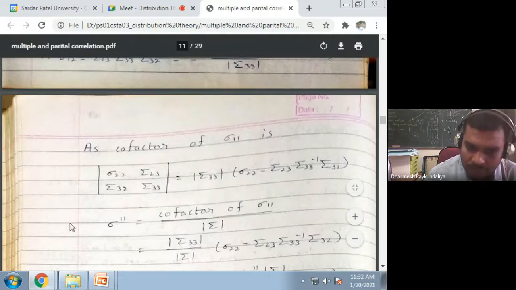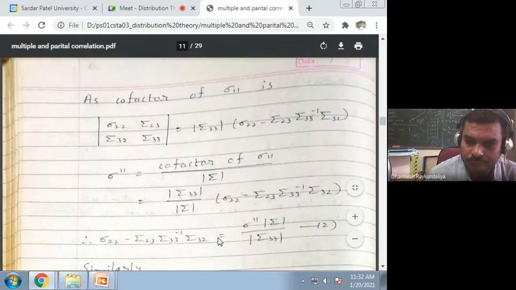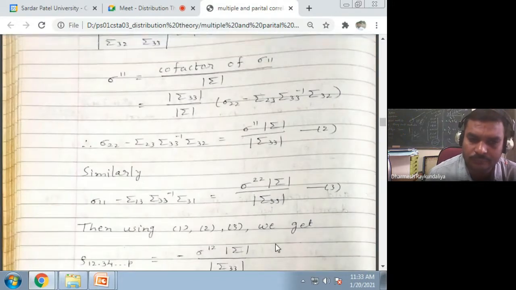So sigma 2 2 minus sigma 2 3 sigma 3 3 inverse sigma 3 2 equals inverse of sigma 1 1 times determinant of sigma upon determinant of sigma 3 3. Similarly, what is the inverse of sigma 2 2? Wherever there is 2, you have to substitute 1, so you can get this.